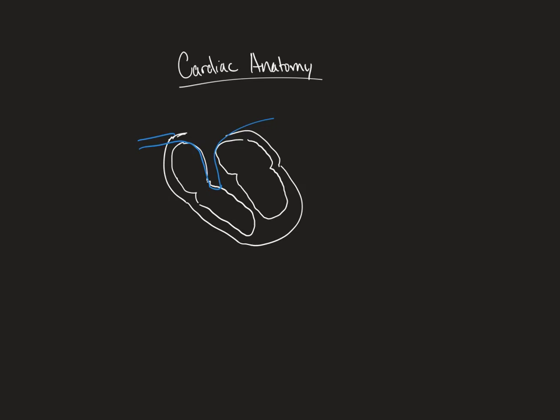Here's our, and this is oversimplified, I don't know the actual numbers of branches and whatnot, but this is going to be our pulmonary artery, which is taking deoxygenated blood from the right ventricle into the lungs so that we can have gas exchange.